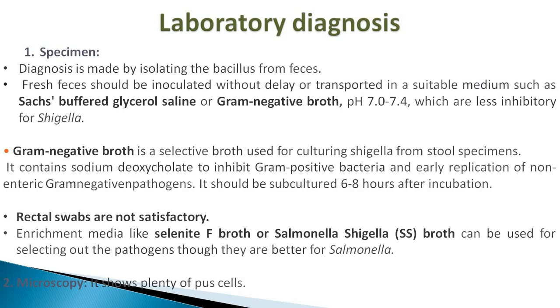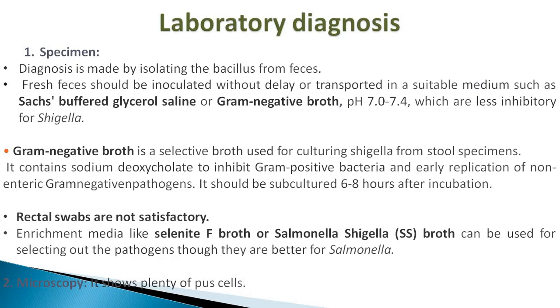Gram-negative broth is a selective broth used for culturing Shigella from stool specimens. It contains sodium deoxycholate to inhibit gram-positive bacteria and early replication of non-enteric gram-negative pathogens. This should be subcultured 6 to 8 hours after incubation. Rectal swabs are not satisfactory.